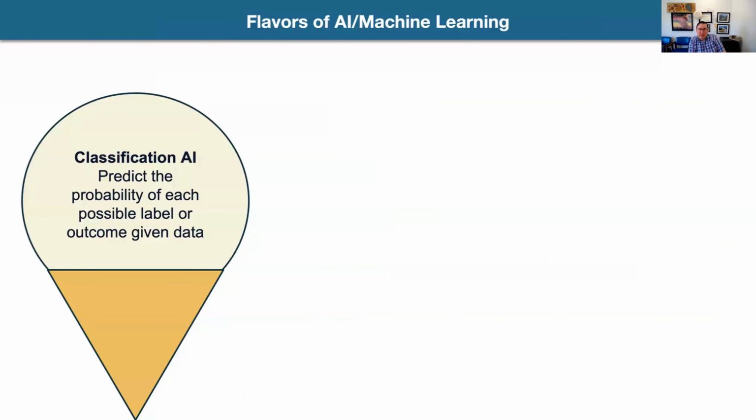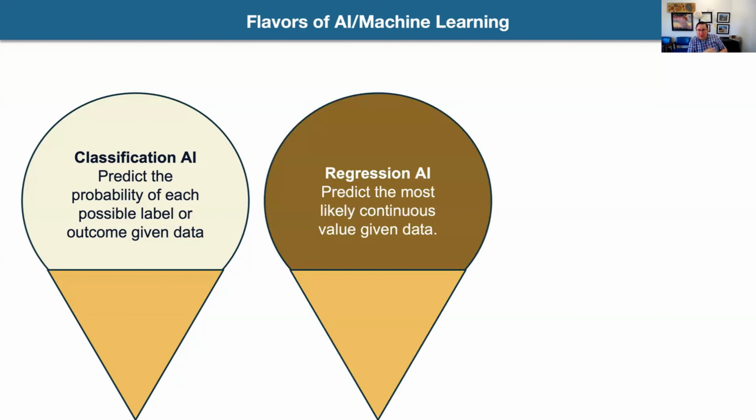Within machine learning, there are a lot of different flavors of AI depending on the kind of task you want to use it for. At a high level, we can start with classification. A lot of AI tasks can be reduced to predicting the probability or the label of the outcome for a given task, given data. This is like cats versus dogs. Another flavor of AI is regression AI.